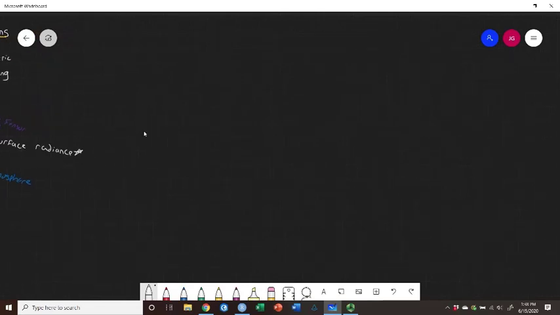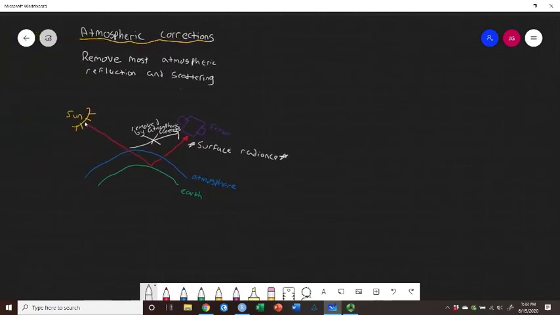And we can do that by taking into account the irradiance, right? The amount coming in.